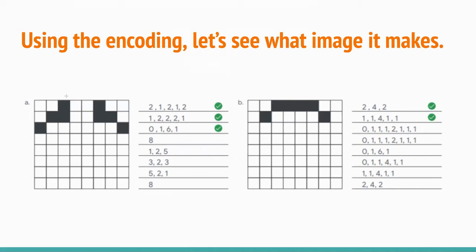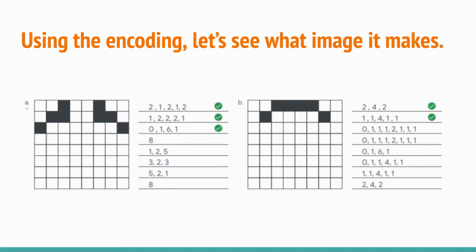The next one is 1, so 1 black one. Then 2 white squares. Then 1 black square, and 2 white squares. Okay, that's the first row. Now we're going to do the second row. 1 white square, 2 black squares, 2 white squares, 2 black squares, and 1 white square.